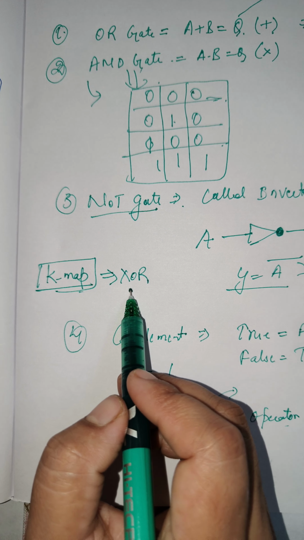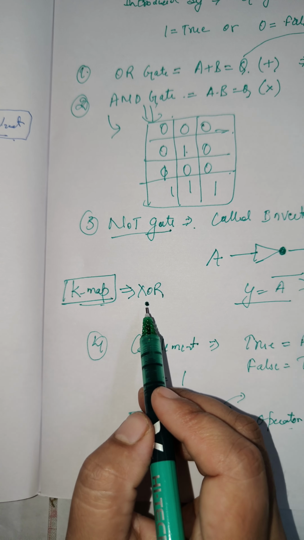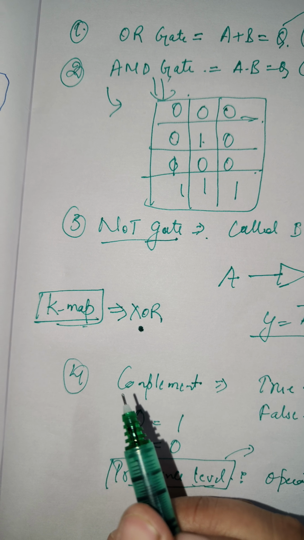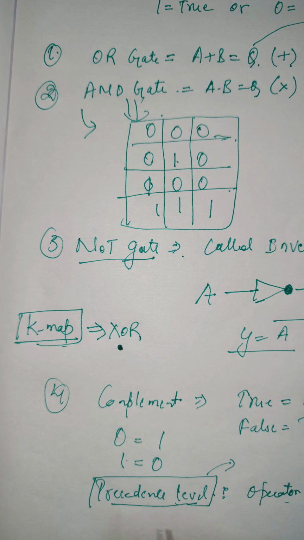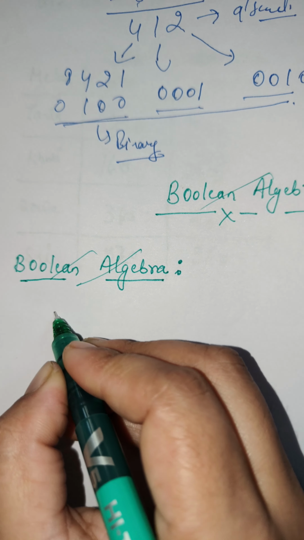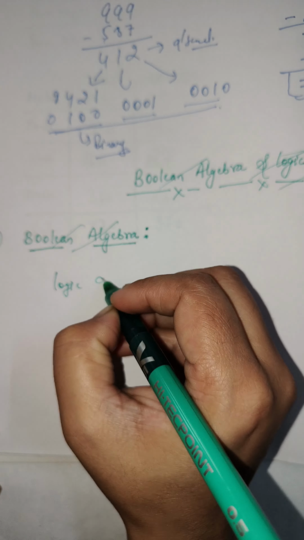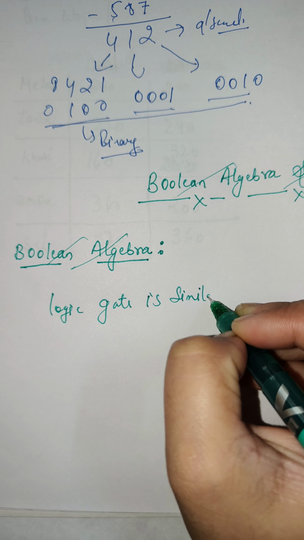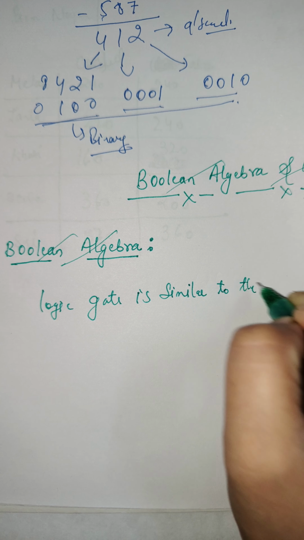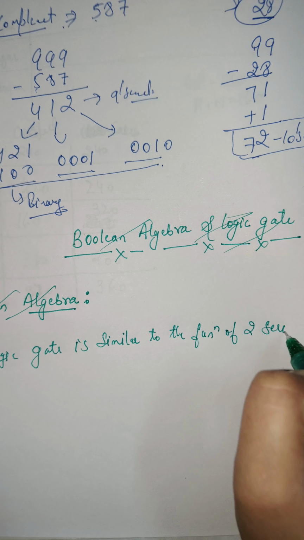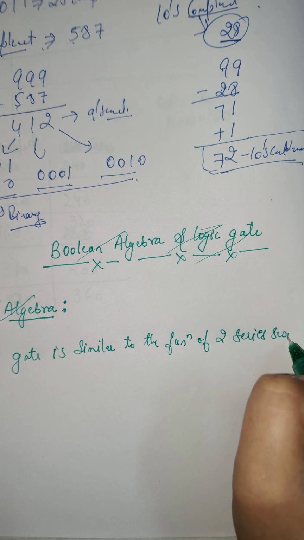And a question is asked about when two series switches are connected, in which gate? Okay, so the question is asked like this: a logic gate is similar to the function of two series switches.